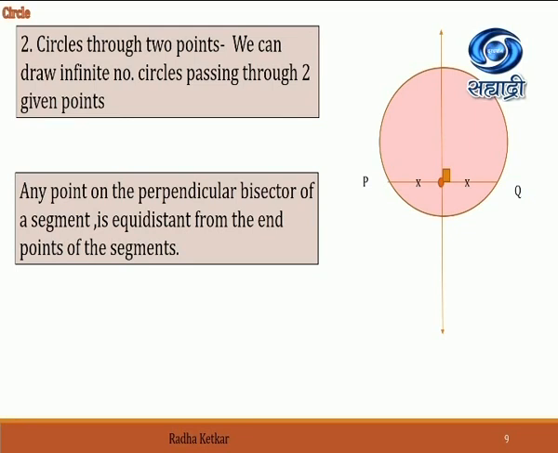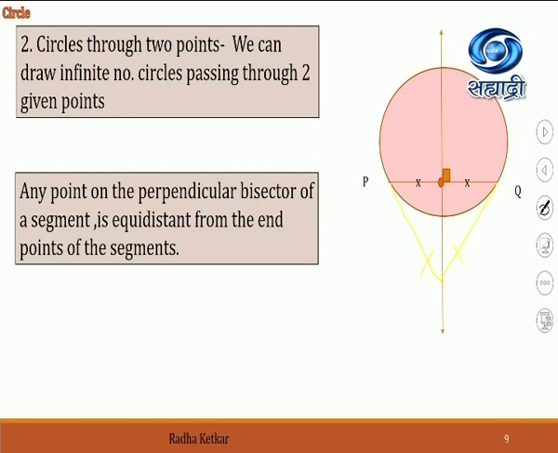We know the property that any point on the perpendicular bisector of a segment is always equidistant from the endpoints of the segment. When we have drawn this perpendicular bisector, you take any point on it and join it with the endpoints. Always you will find that these two distances are equal.